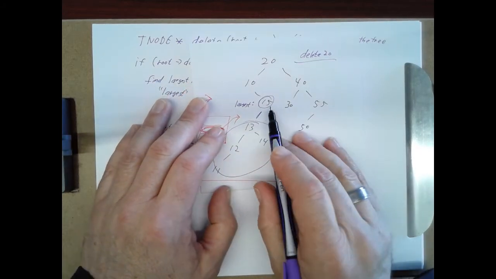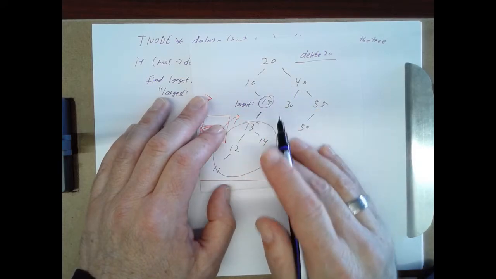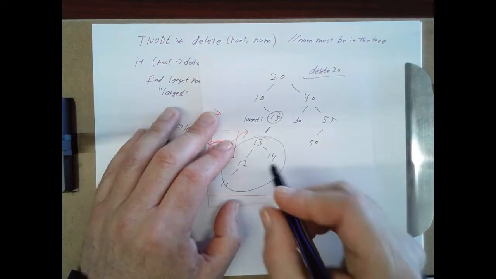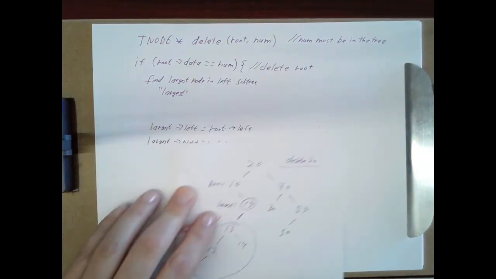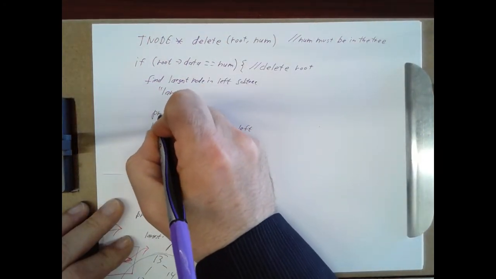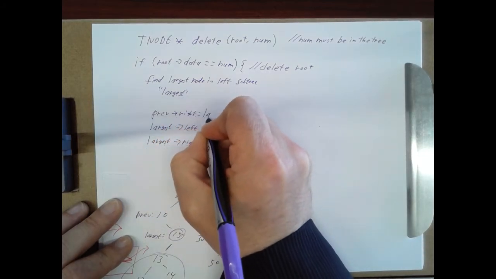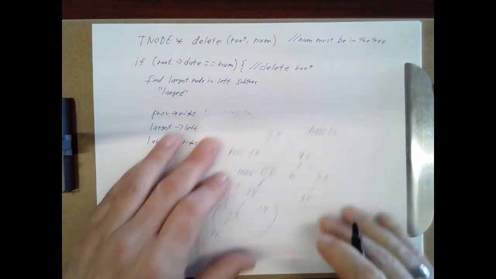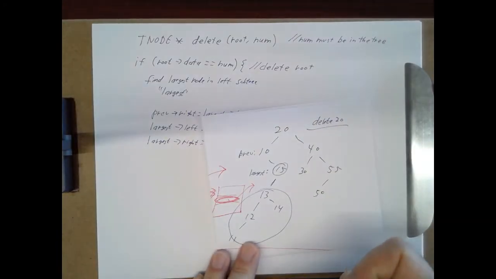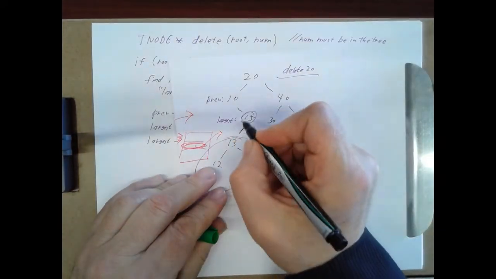But since we know that 15 is a right child of 10, when we move 15, 10's right child is going to be free. So if we can remember what this previous node was, we can say previous right equals largest left. So here's the action.